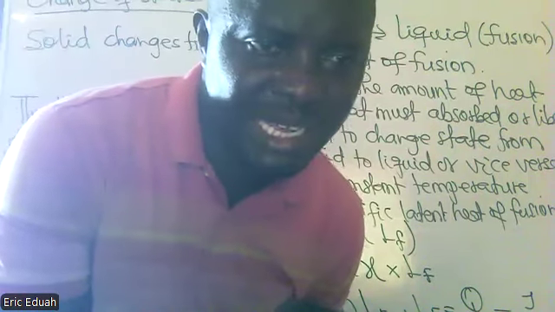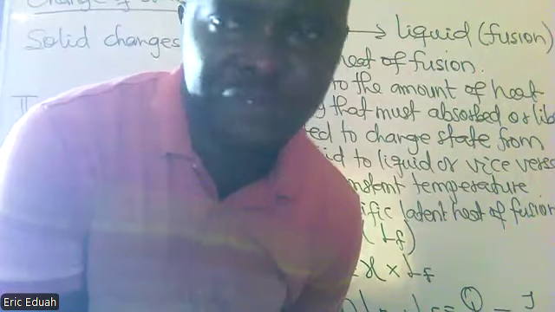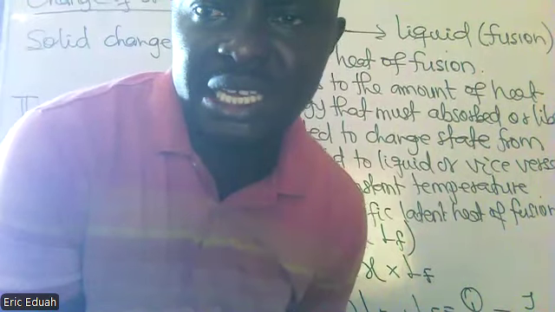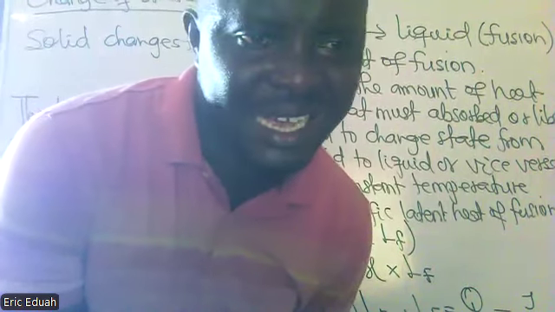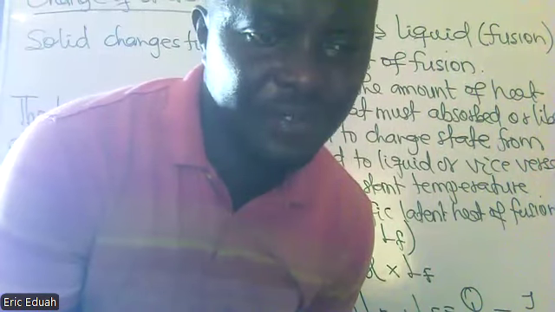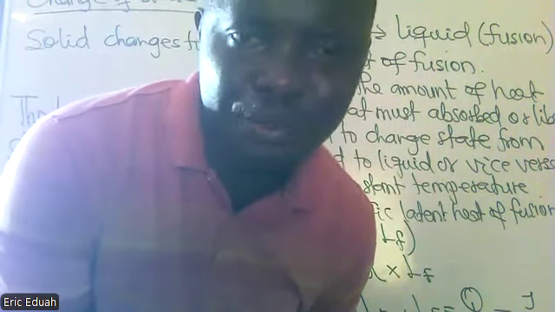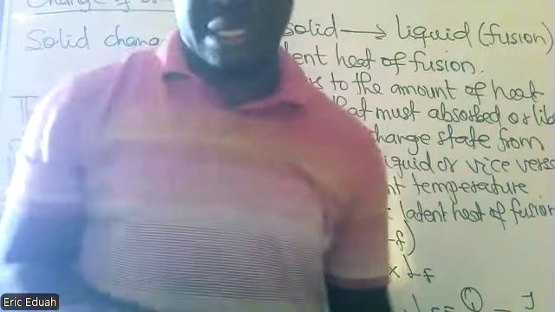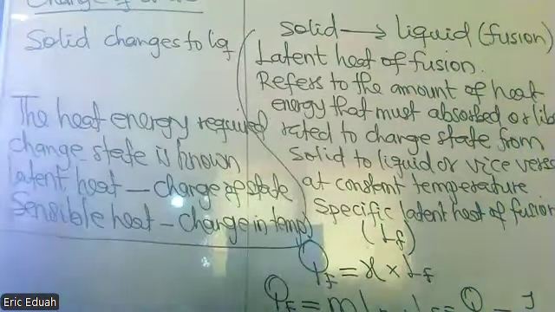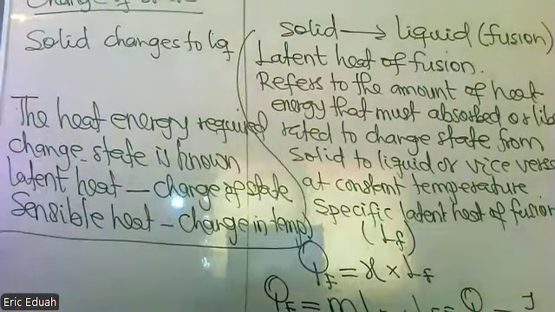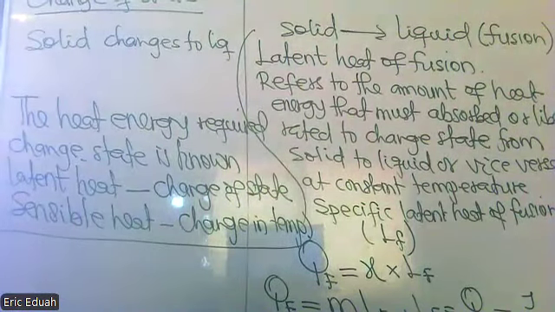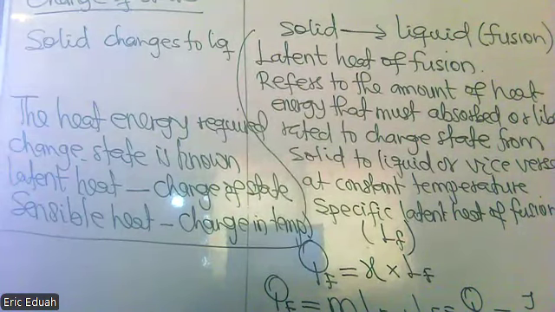What is meant by the statement that the specific latent heat of fusion of ice is 335 kilojoules per kilogram? What does it mean? A volunteer, else I'll call somebody.